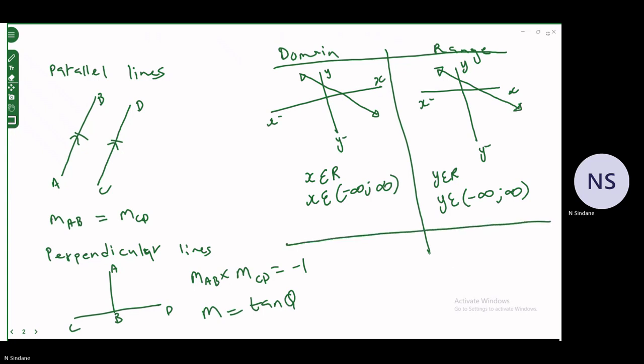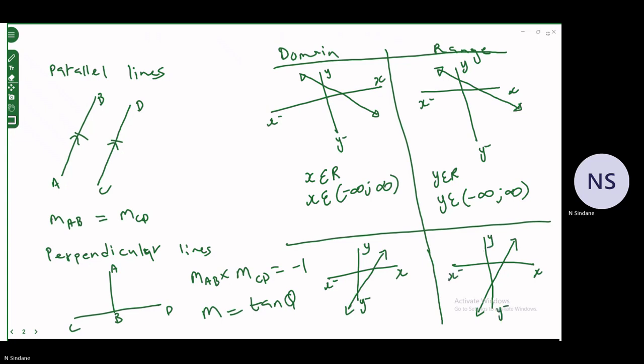And then let's talk about a graph that looks like this. x, y, minus y, minus x. Then here, same thing, x, y, minus x, minus y. In this graph, as well as that graph, the domain will be the same because it exists both in the negative and positive x.